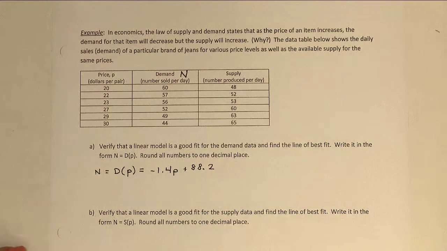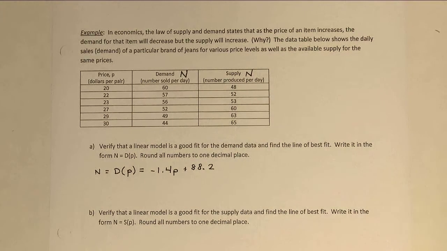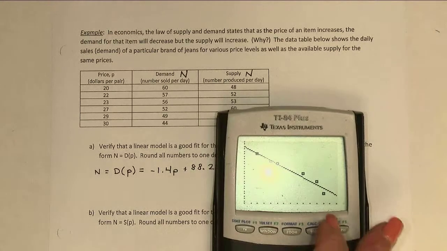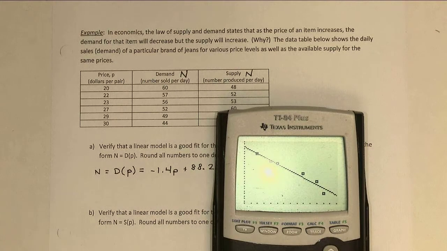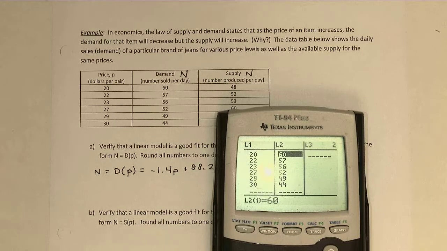All right, we're going to do basically the same thing for supply. This time our n value is supply, and I would like to get, once again, a linear model, a line of best fit. So going back into my stat, I'm going to edit my data, and I have a couple of options.